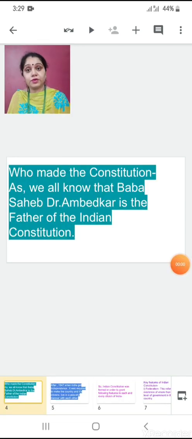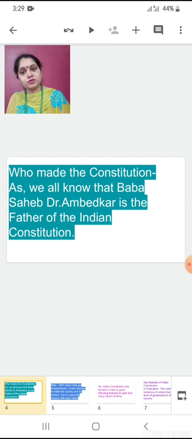Now, children, when we talk about the constitution, the first name associated with it is Babasaheb Dr. Ambedkar, the prominent name in the bringing up of a set of rules and regulations for the citizens of India after independence, when the Indian Constitution came into existence.